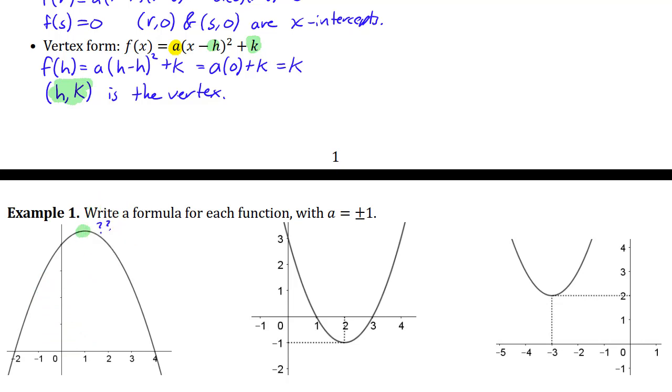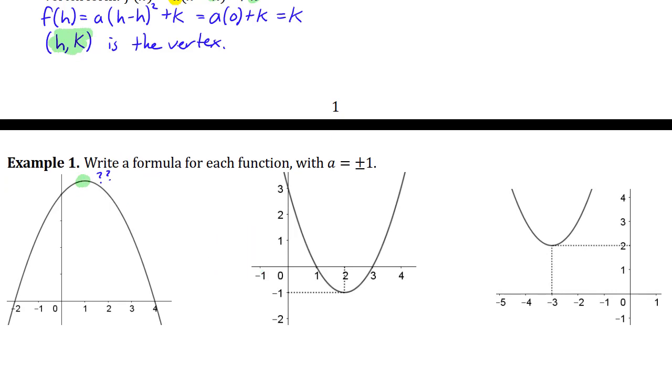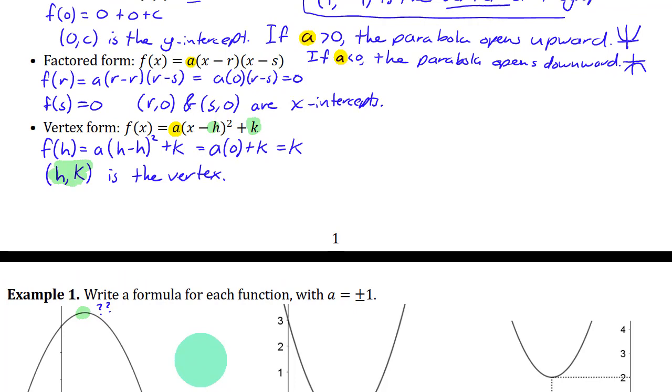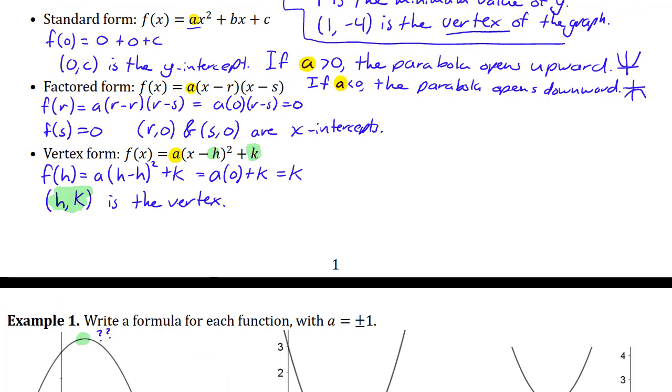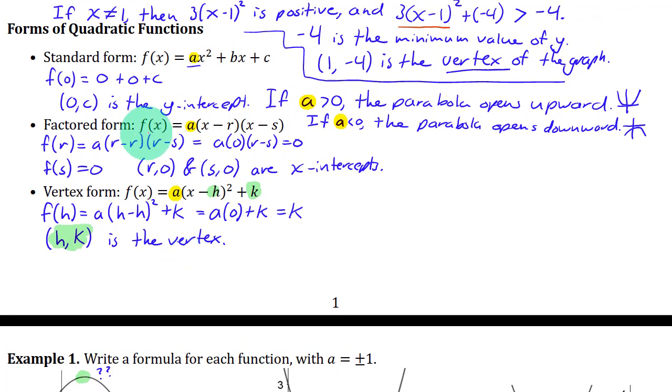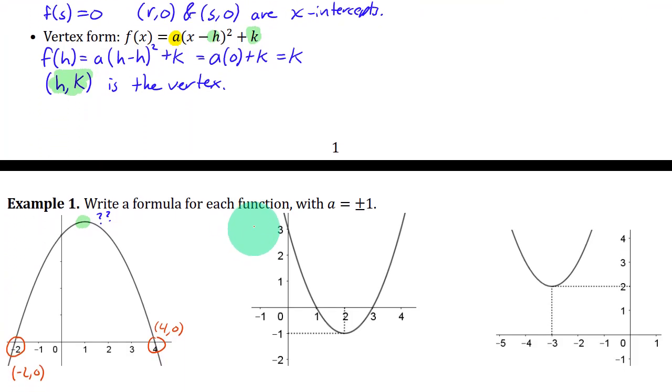But what we do know about it is we have the x-intercepts here. We've got this point, (-2, 0), and this point here, (4, 0). So if you know the x-intercepts, you know the values of x that make the value of y equal to 0, then you can write it in factored form. So that's what we're going to do here.